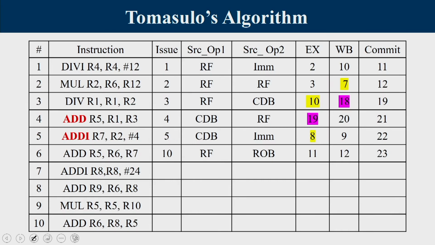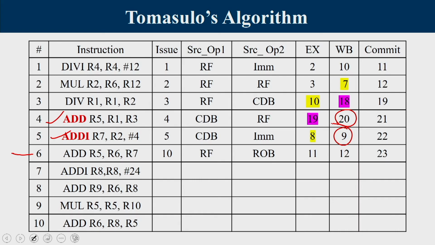Now I move into instruction number 6. Ideally I can issue it at clock cycle number 6. But if you see, already these two add instructions are there in the reservation station, and we know that there are only 2 entries in the reservation station, and first add will get over only at 20, second add will get over only at 9.